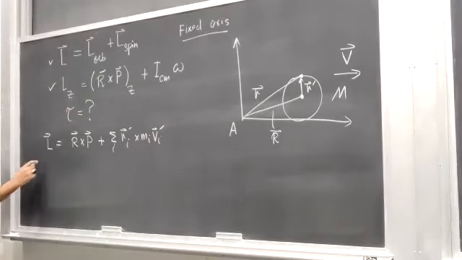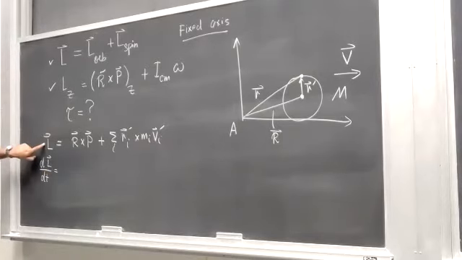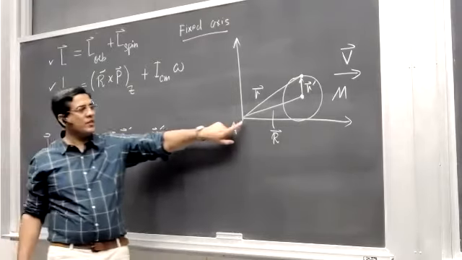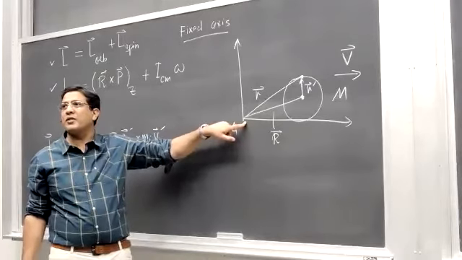Now to calculate the torque, let's take the derivative of the angular momentum. And remember, this angular momentum, this L total, is measured from this stationary origin, from a stationary, perfectly inertial frame of reference, right?